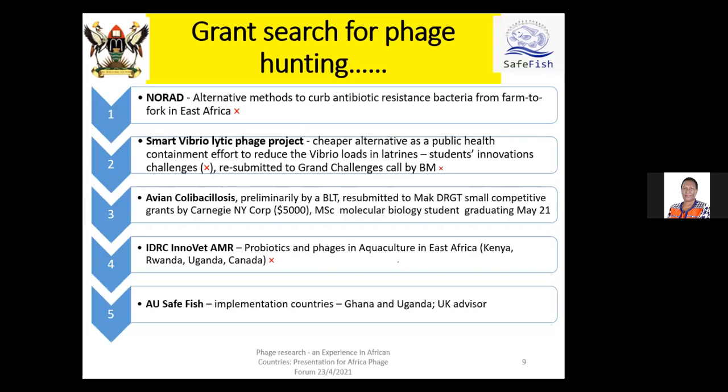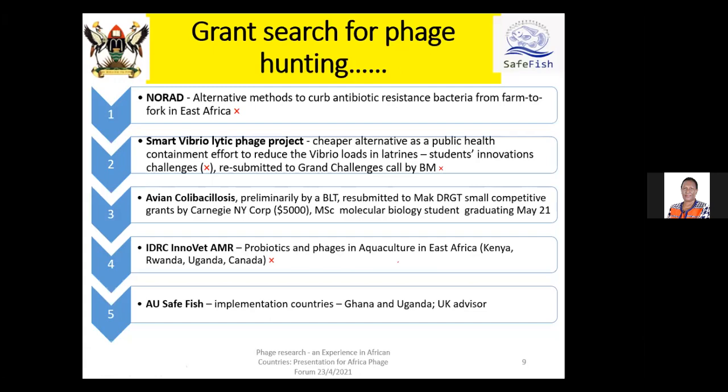Then there was another call, the Students' Innovation Challenge. I got one of the students who qualified, and we prepared a proposal for a smart vibriolytic phage, where we thought we could get bacteriophages to add to latrines, because most cholera cases occur after heavy rains wash away the latrines, and thus contaminate the water.